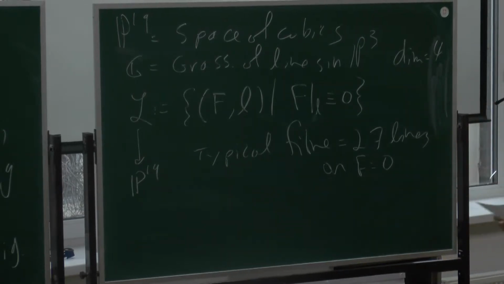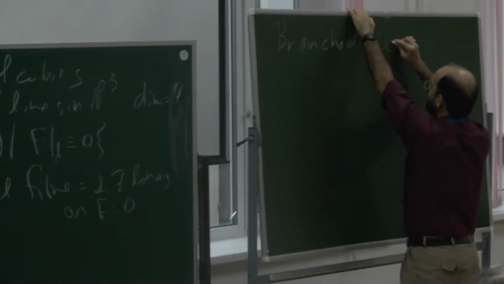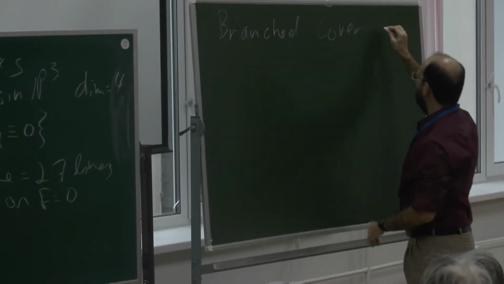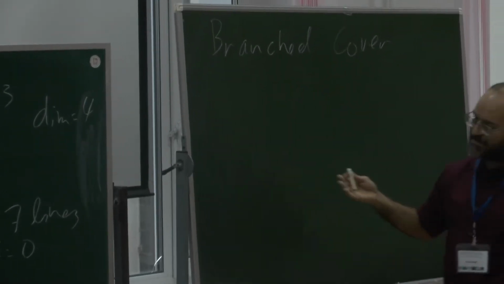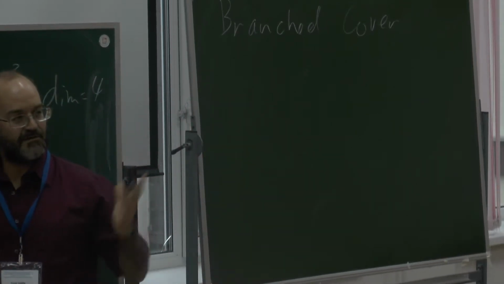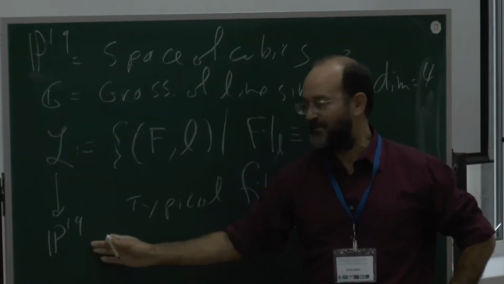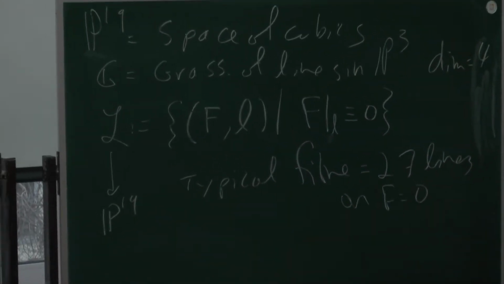Okay. Now this is a branched cover. So when the cubic is singular, which is a hypersurface of degree 32, it's a classical fact that outside of that hypersurface it's smooth and there are always 27 lines.